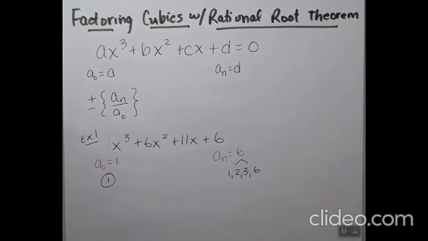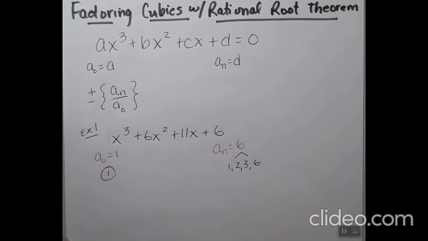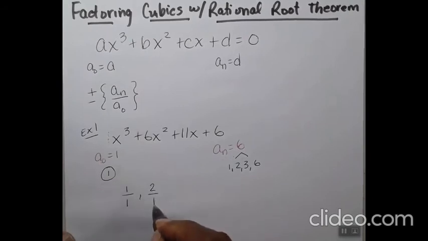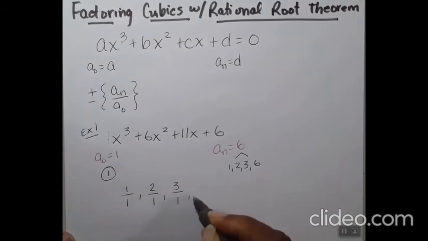So utilizing the rational root theorem, plus or minus a sub n over a sub 0, we have 1 over 1, and then 2 over 1, which is just 2, 3 over 1, and 6 over 1.